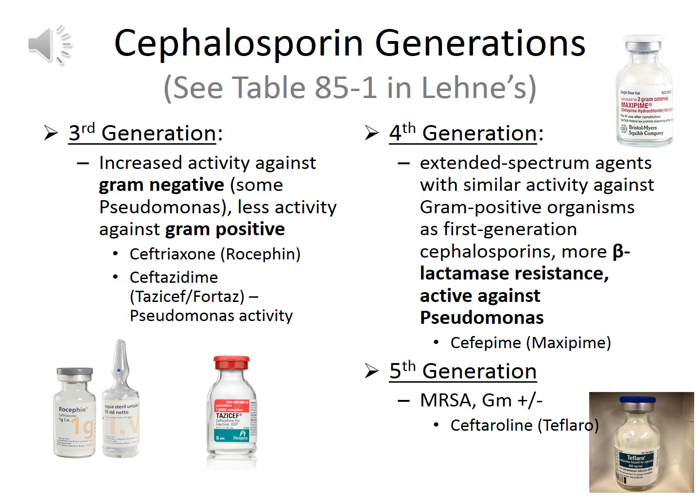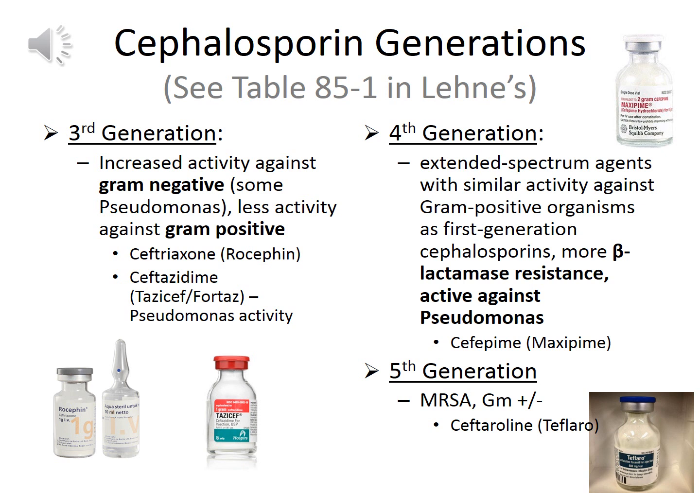The fourth generation cephalosporins. Now we go back the other way. We start extending the spectrum a little bit. And so we have similar activity against gram-positive to the first generations, which the third generation didn't have. Remember, we lost most of our gram-positive activity. So now we go back to having gram-positive activity. But really the hallmark is they're more beta-lactamase resistant.